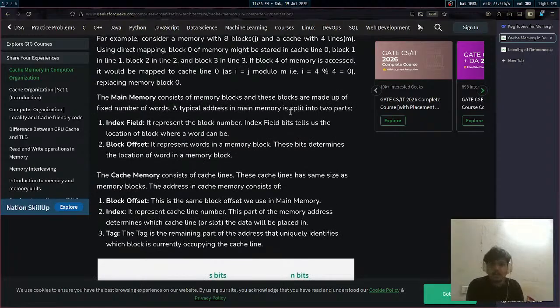The main memory consists of memory blocks, and these blocks are made up of a fixed number of words. Okay, I will assume words means bytes. What exactly is a word?